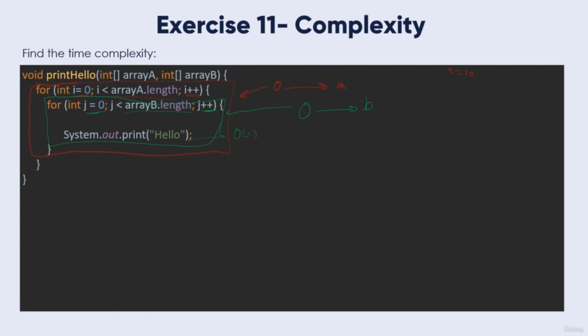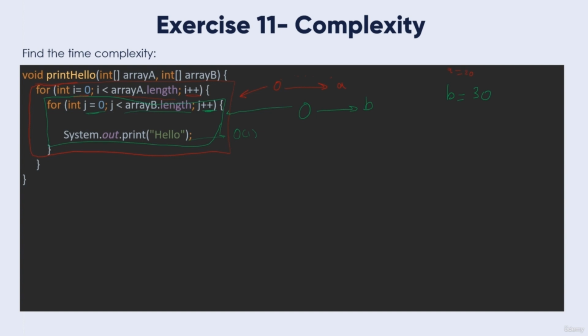So, guys, I will suppose that b is 30 and a equal to 20. If we think about this for a while, we have 20 iterations here because the array A length is equal to 20, and array B is 30.